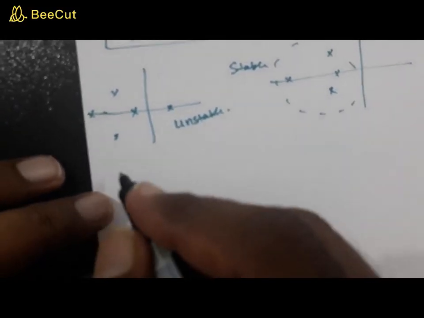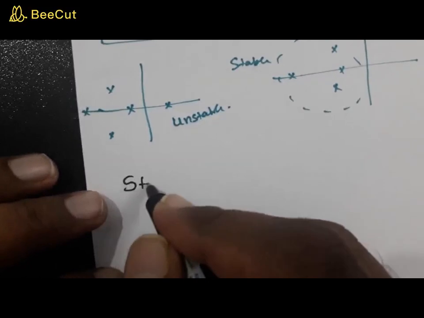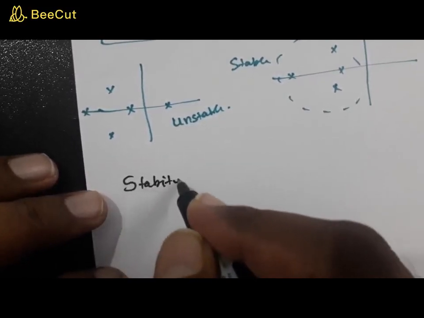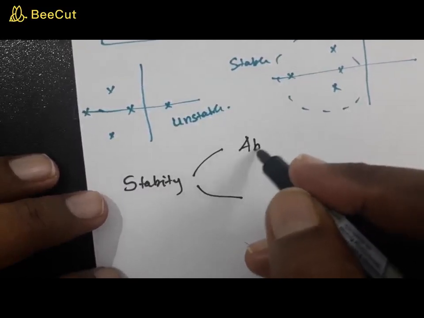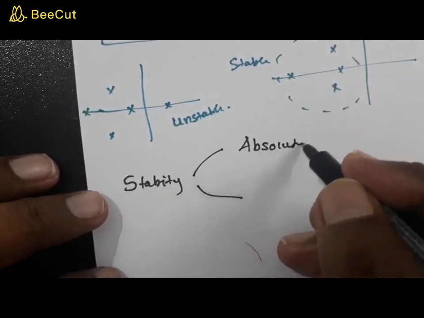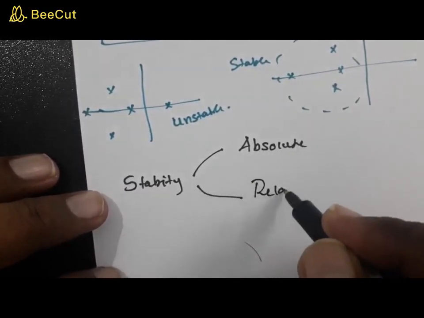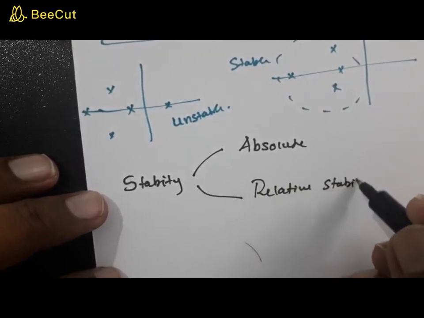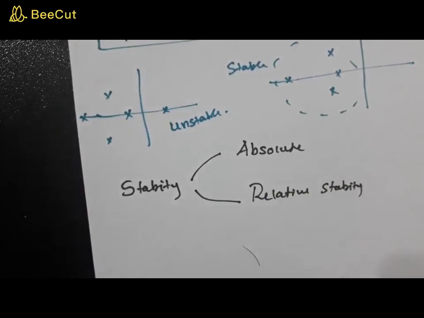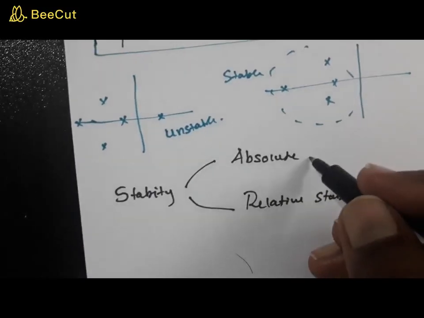Now let's see, when you come to stability, you can have 2 different types of stability. One is called absolute stability, the other one is relative stability. I'll just explain what this absolute stability is.